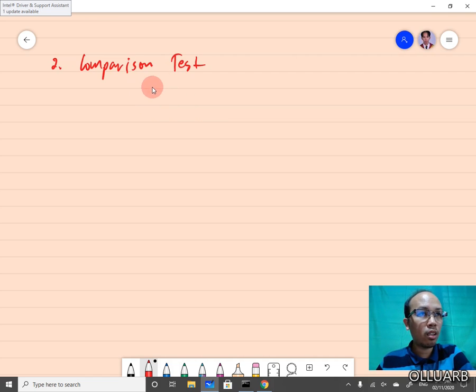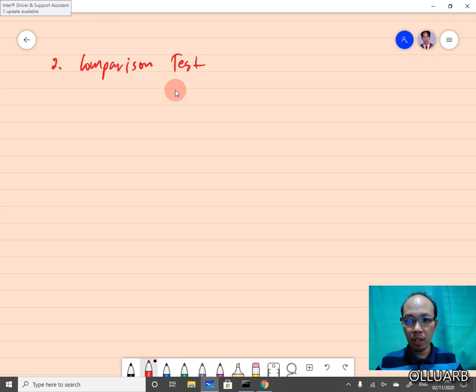I repeat, unlike the integral test, we may or may not be able to get the idea of how good a particular partial sum will be as an estimate of the exact value of the series.